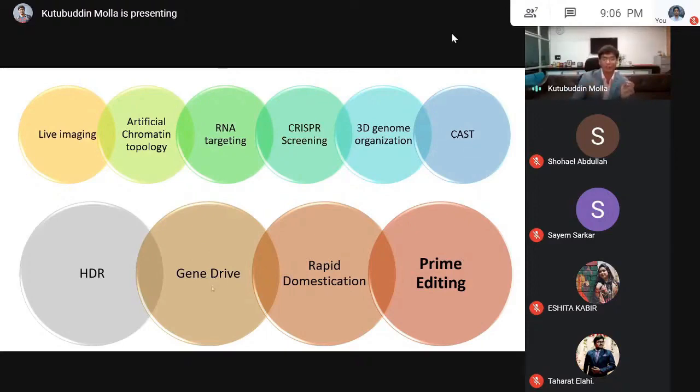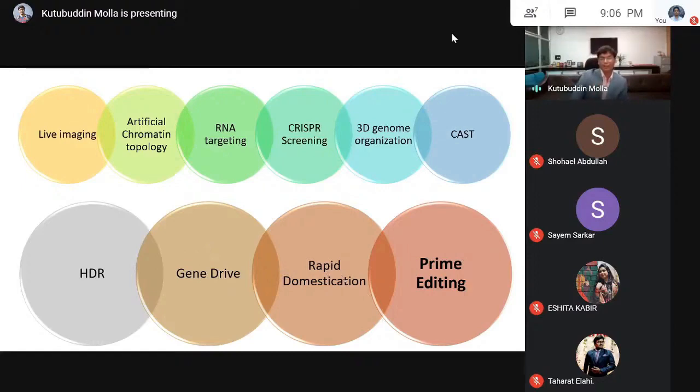And this is very important for getting rid of those malaria causing mosquitoes. So this has also been devised with CRISPR, this gene drive technology, and the World Health Organization is also thinking very seriously about using gene drive to eradicate those malaria causing mosquitoes in the African countries.